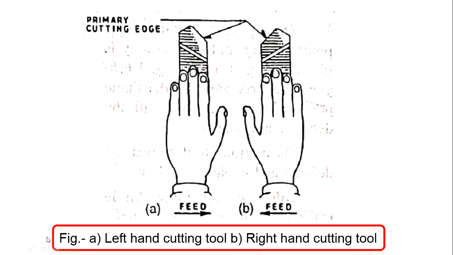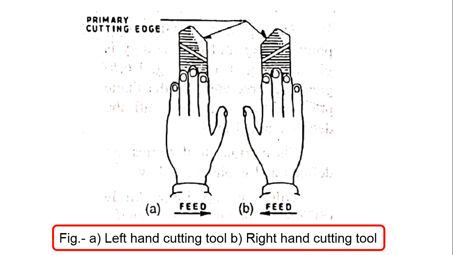Then we have two types of single point cutting tool. One is your right hand cutting tool, another is the left hand cutting tool. Now what is the right hand cutting tool and what is the left hand cutting tool? Both the tools can be used on a lathe machine during machining. Now the right hand cutting tool is the tool we have to identify in this manner.